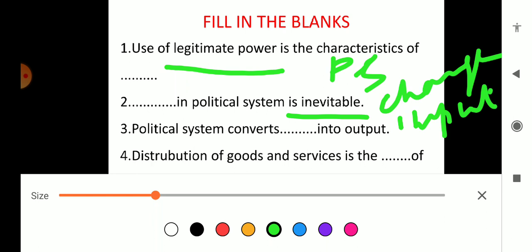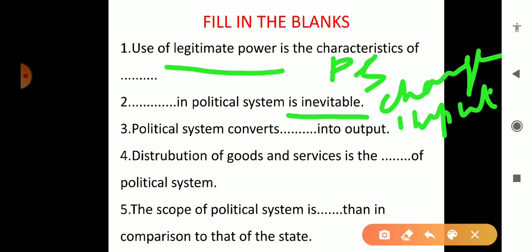Then the next question is, distribution of goods and services is the dash of political system. What does it mean? Distribution of goods and services is the what of political system, right?